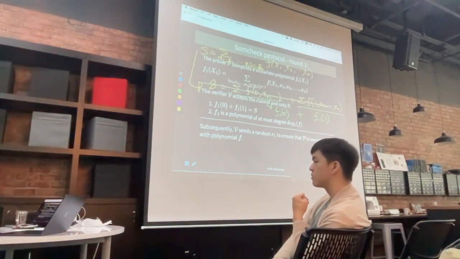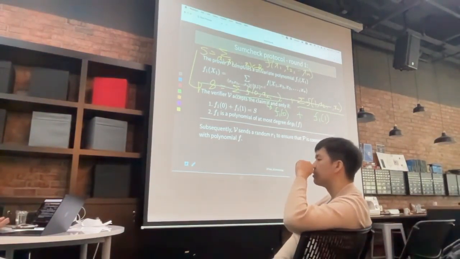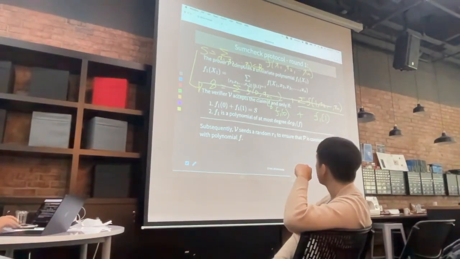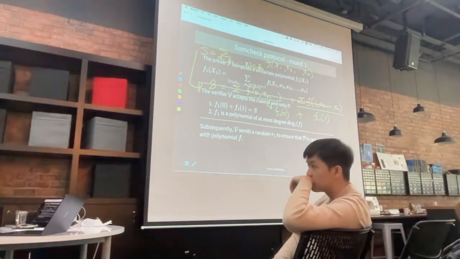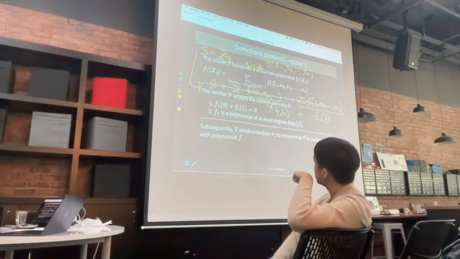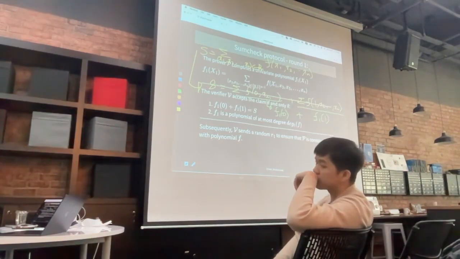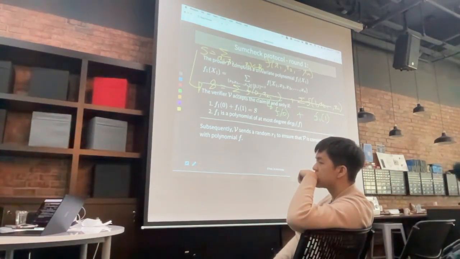Then do you continue with x2 and x3? Right, exactly. This is the second round. I have a univariate polynomial f1 of x1. I will examine you with a random number now. I pick a random number, R1, and I'm going to evaluate your univariate polynomial f1 at R1.